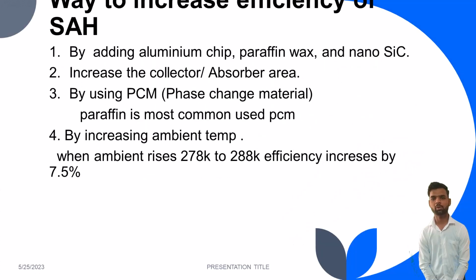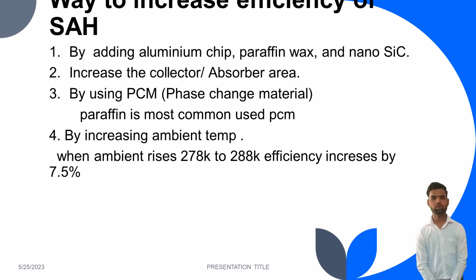Now we are talking about enhancing the performance of solar air heater. First one is by adding aluminum chips in vertical solar air heater, paraffin wax and nano silicon carbide vertical tubes. Second is to increase the collector absorber area by using phase change material, PCM.